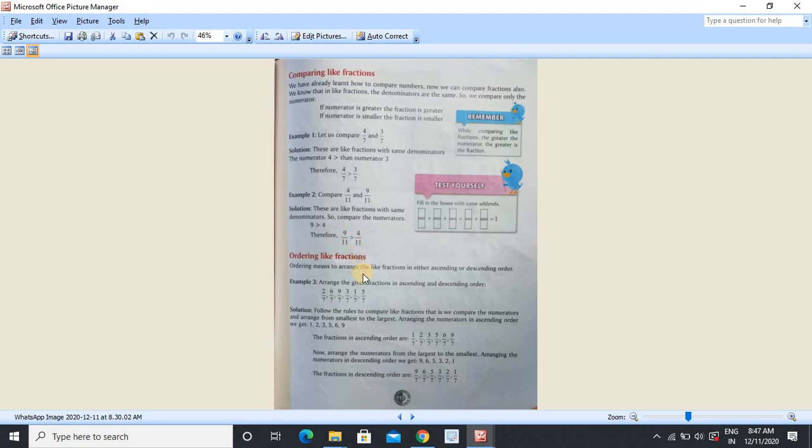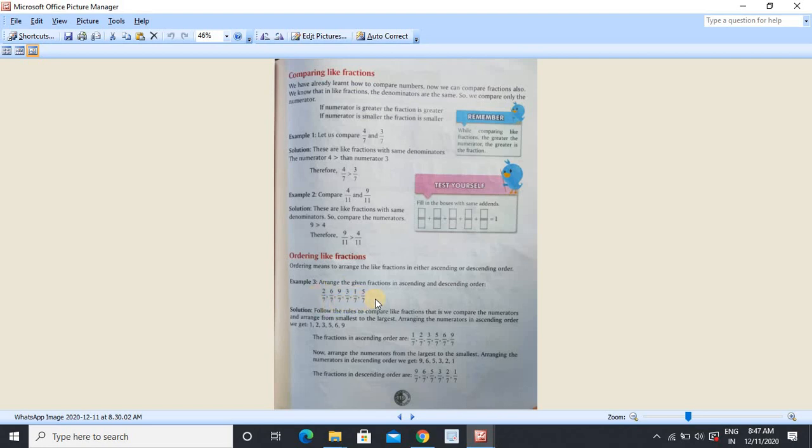Okay. Now ordering like fractions. It is very easy. As you can see the question, arrange the given fractions in ascending and descending order. Ascending means from smaller to bigger, and descending means from bigger to smaller. So first of all, you have to read the question, and then according to the question you have to proceed. As you can see, in all the fractions, denominators are same. That means these all fractions are like fractions.